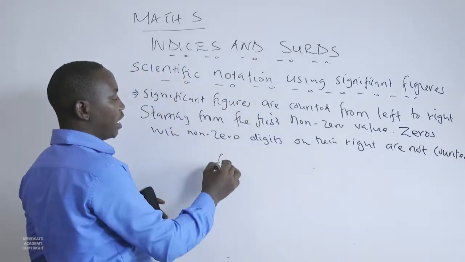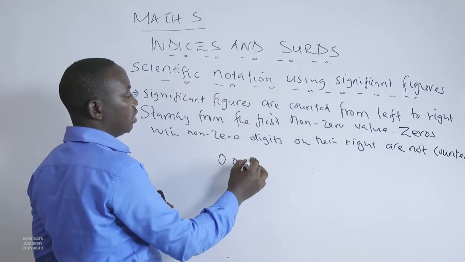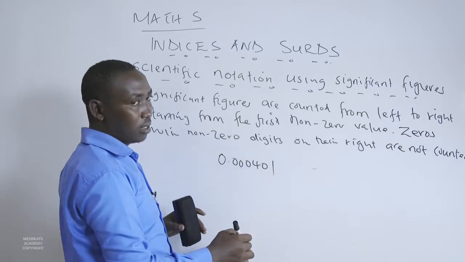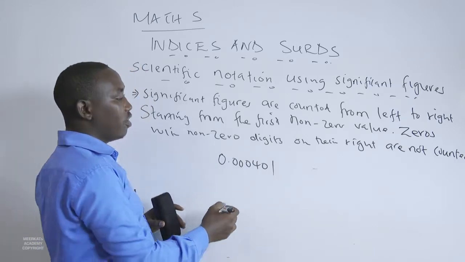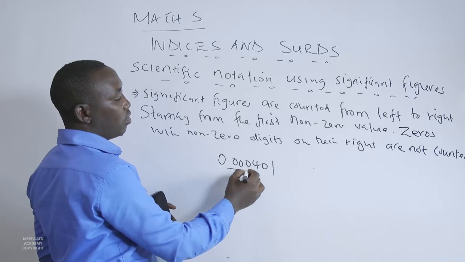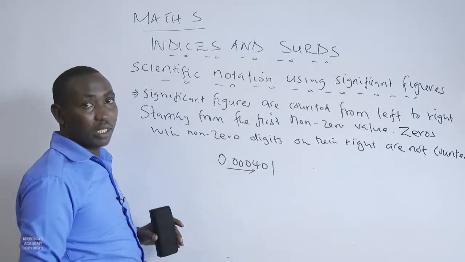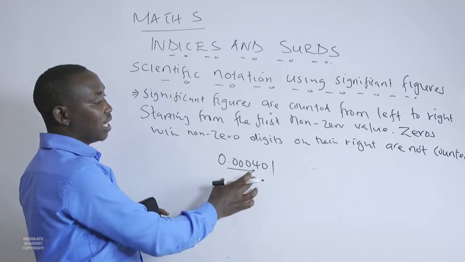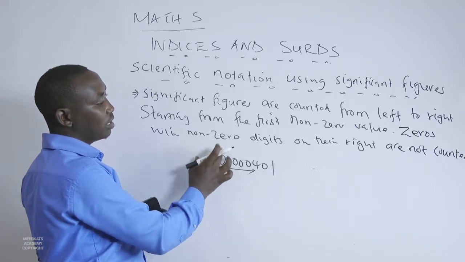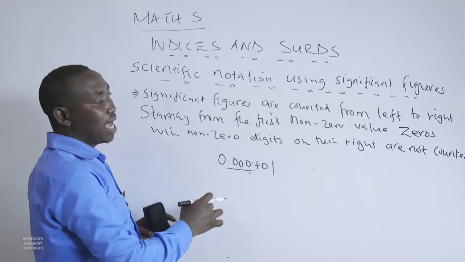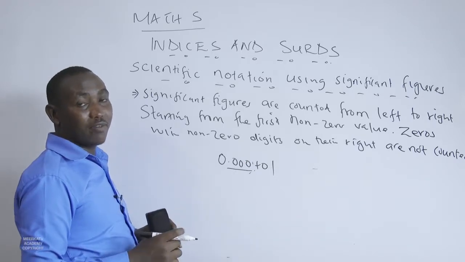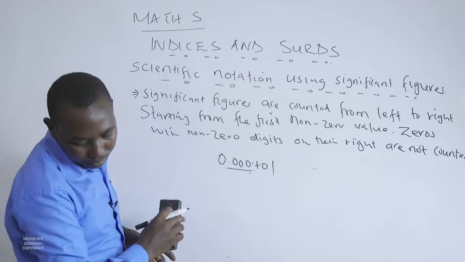We are talking of a case like if you have 0.000401. So in scientific form, all these zeros before you reach the first non-zero digit are not counted.